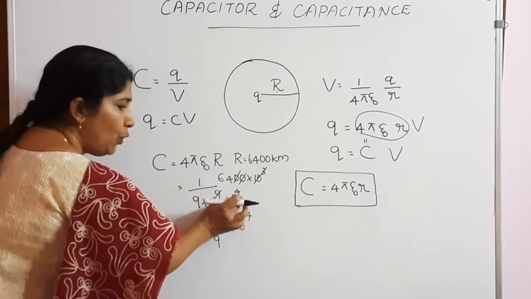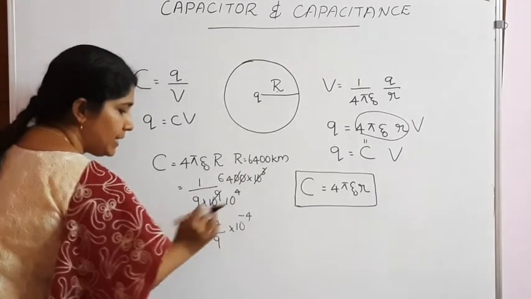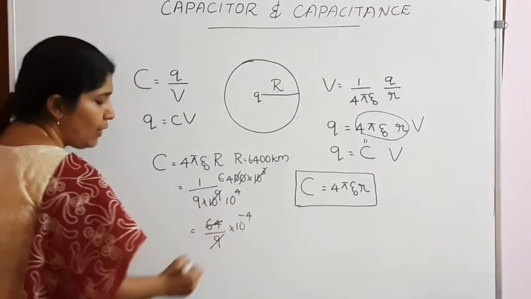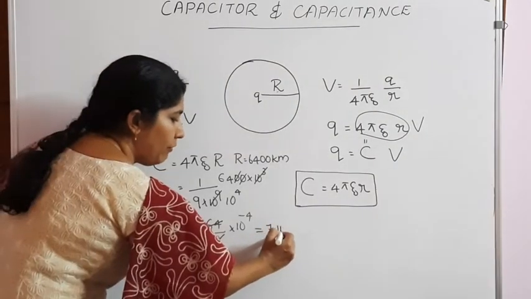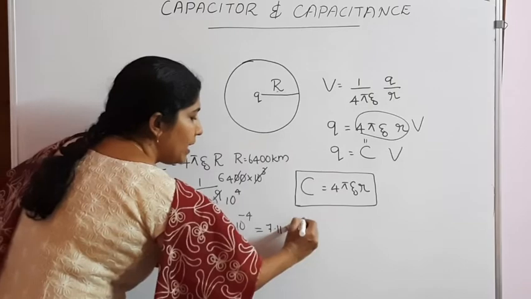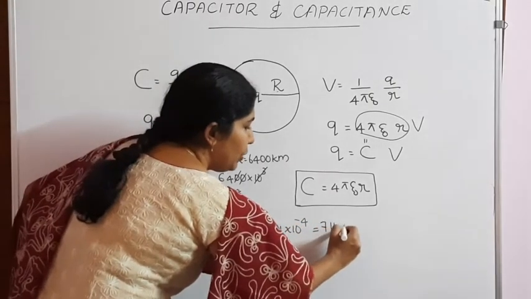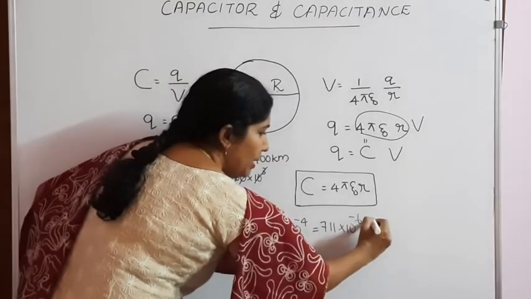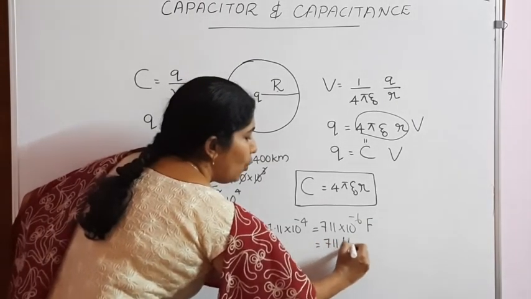When 10 raised to 4 in the denominator comes to the numerator, it becomes 10 raised to minus 4. 64 divided by 9 is equal to 7.11 into 10 raised to minus 4, that is equal to 711 into 10 raised to minus 6. What about its unit? Farad. So we can write it as 711 microfarad.